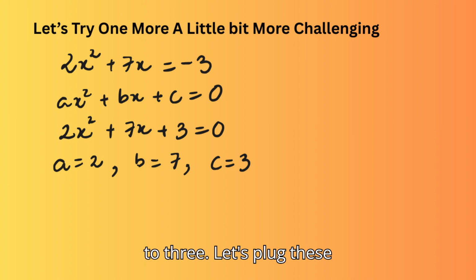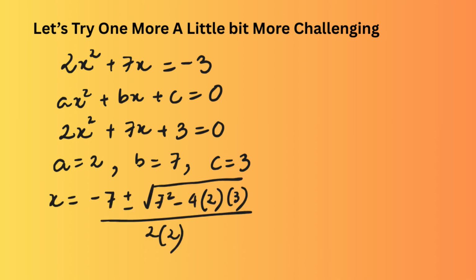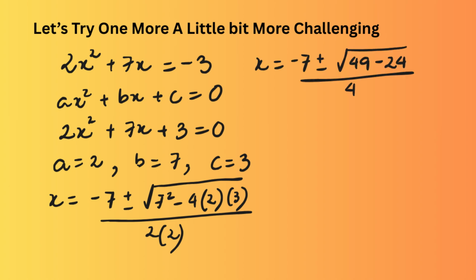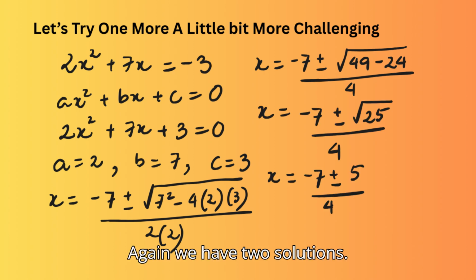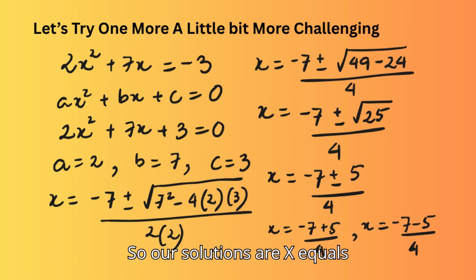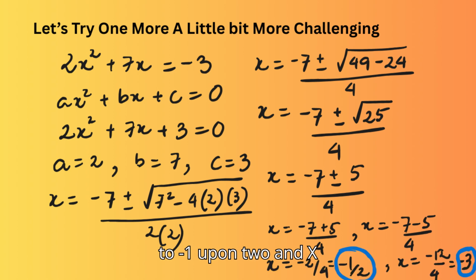Let's plug these into the formula. Again, we have two solutions. So our solutions are x = -1/2 and x = -3. See how easy it is once you know the process.